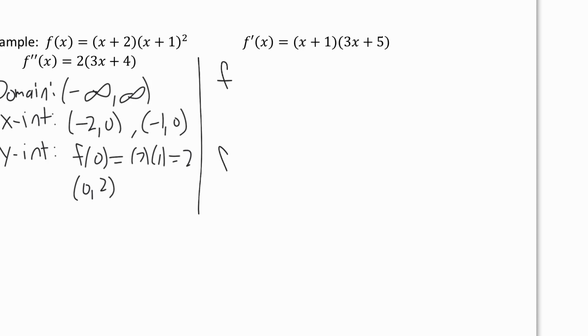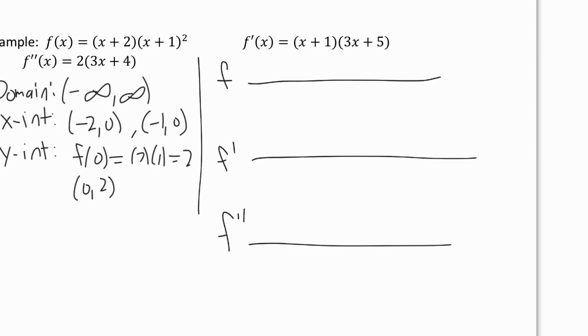We've got f, f prime, and f double prime. So for f, we've got intercepts at -2 and at -1. This one's even. Pick a number bigger than -1, say 10: positive, positive, negative.